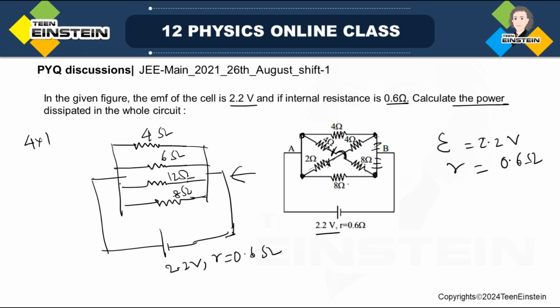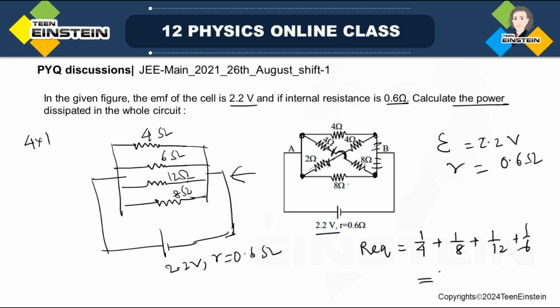I am just quickly writing the equivalent resistance. R equivalent will be 1 over 4 plus 1 over 8 plus 1 over 12 plus 1 over 6.